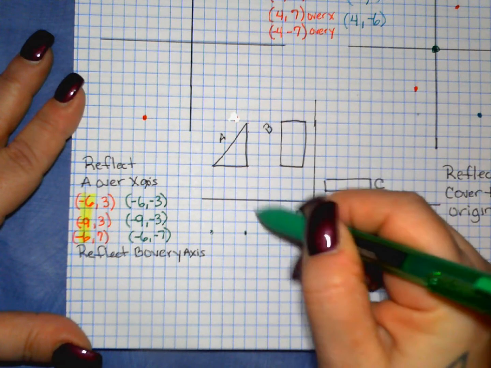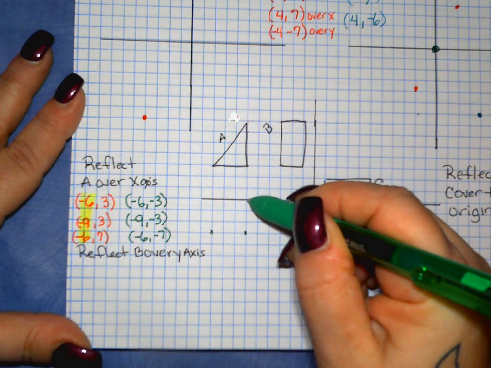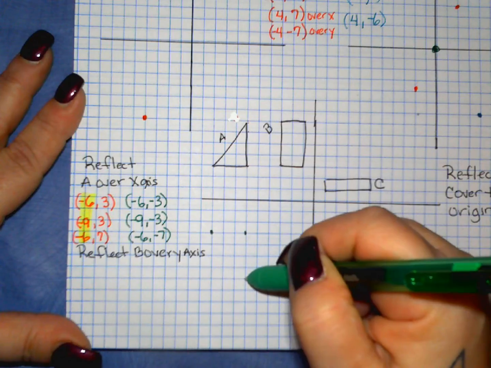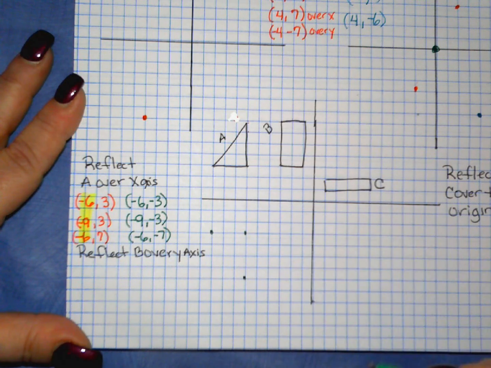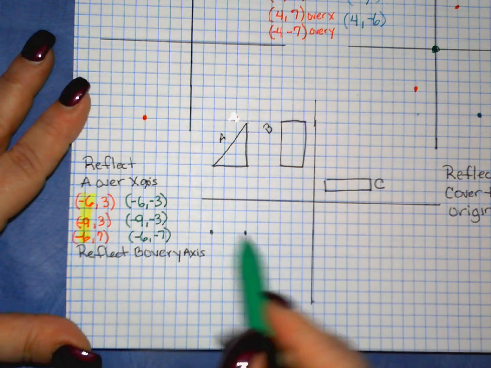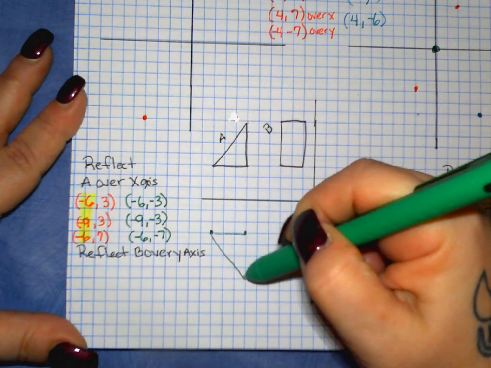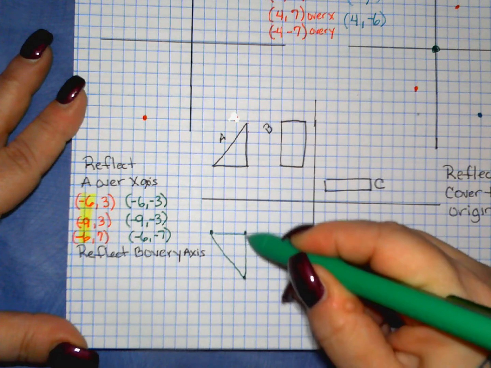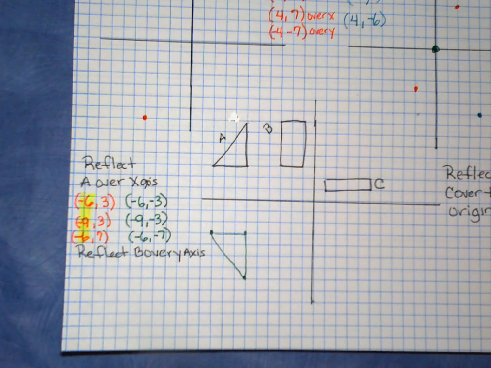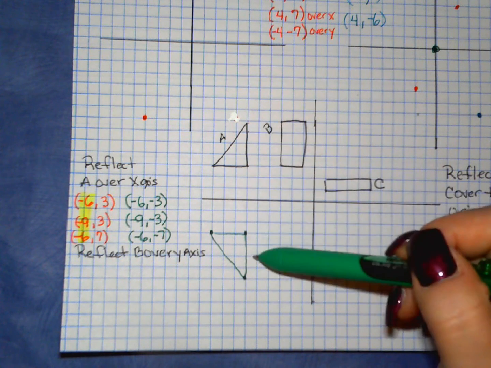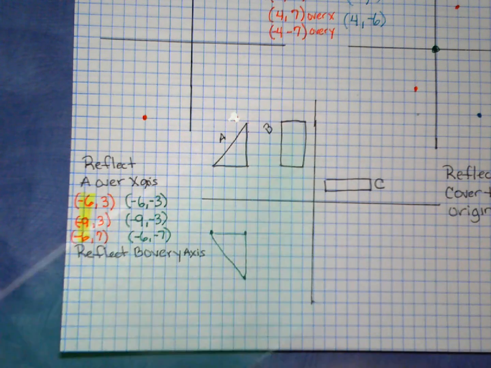I already know this is -6, so now I've got to go down to -7. 3, 4, 5, 6, 7. And if I draw my lines, because it is a shape, I should have my lines. Wow, look at that. It's a reflection. Remember, if that triangle was standing up and looking in the mirror, this is what it would be looking at, the opposite reflection. Okay?